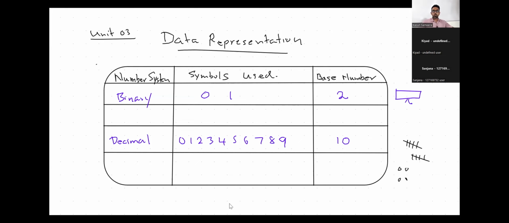The Roman number system: 1, 2, 3, 4. Another number system. Okay, but we are not going to discuss those number systems in this lesson, because we are going to learn something related to ICT, computing stuff. Therefore, we learn 2 number systems which will help us in future.